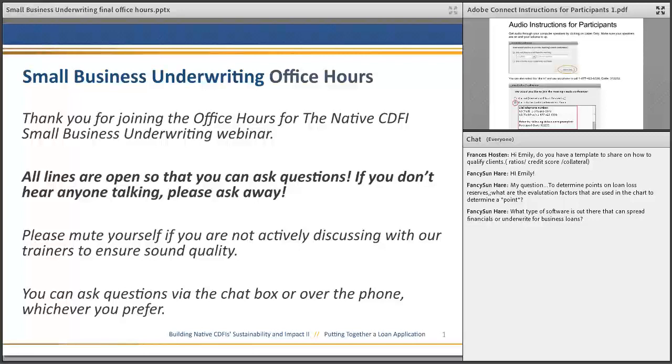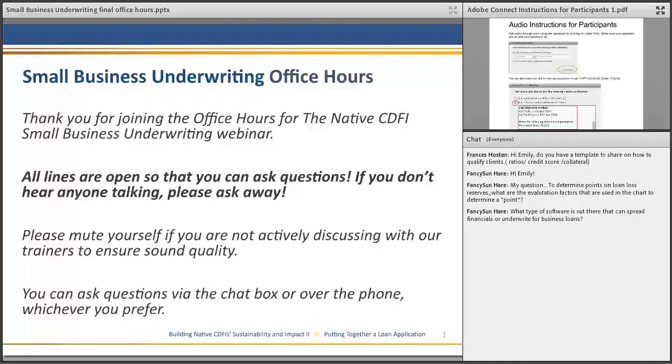And some CDFIs have a debt to income ratio for business lending where they're just not willing to lend if the debt to income is not at least a minimum percentage, like a mortgage lender would. There's going to be a requirement that it be a minimum of 35% or something. Others just incorporate that as part of their scoring system.